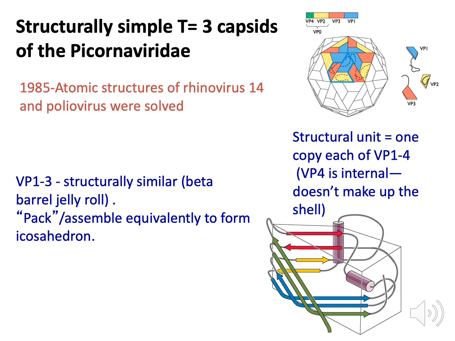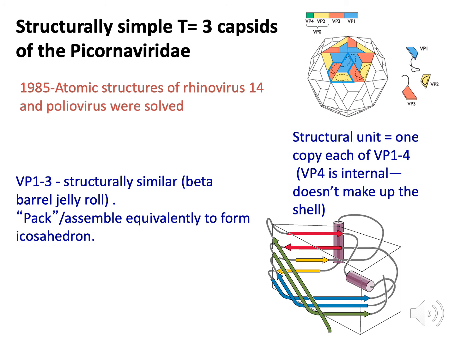Whereas canine parvovirus has 60 of the same protein, these have different proteins, but they're folded the same way so that they can pack against each other as if they were the same protein, to assemble the icosahedron.